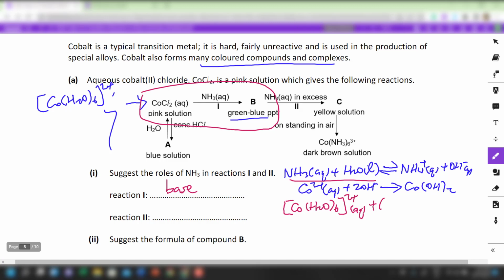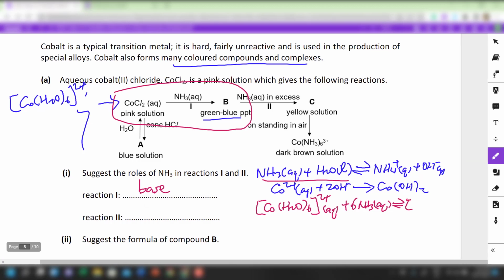The ammonia will replace or displace the water ligands. This will be the balanced equation we are looking at. It equilibrates, and in the process it gives us the hexaamminecobalt(II) species with 6 ammonia ligands, as well as kicking out 6 water molecules.